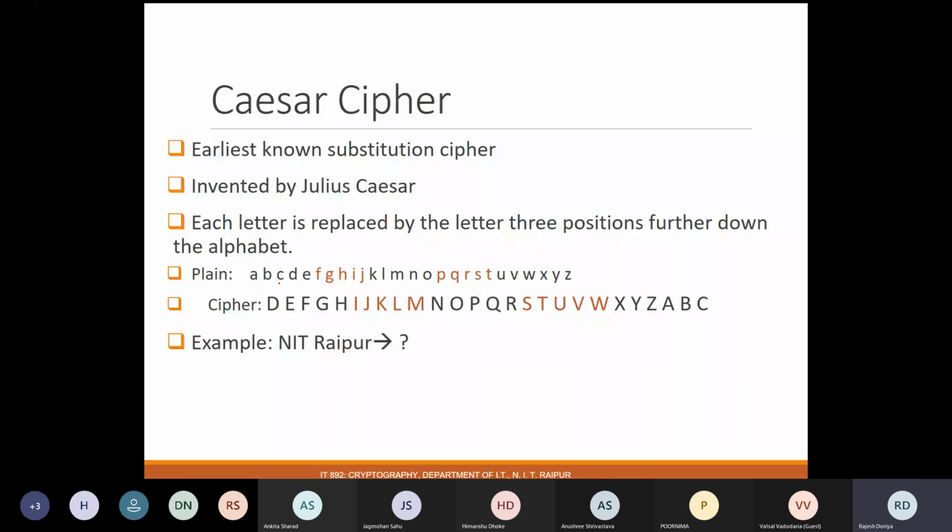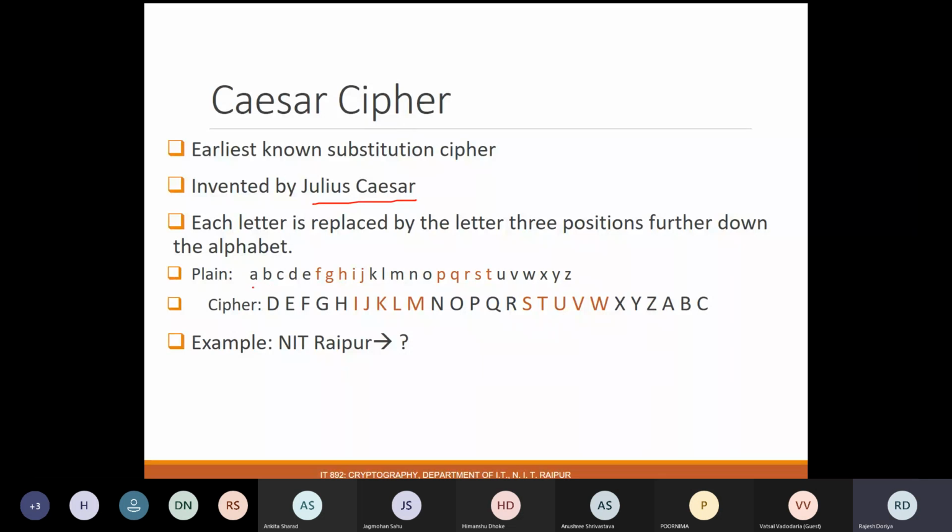Now this is the first known classical encryption technique, called the Caesar cipher, and it was invented by Julius Caesar. In this technique, each letter is replaced by the letter three positions further down the alphabet. As we know, we have got 26 alphabets.